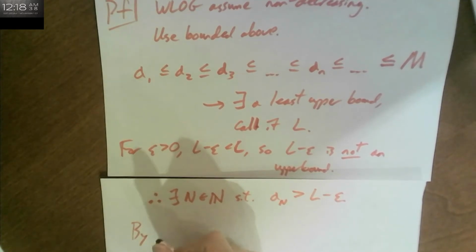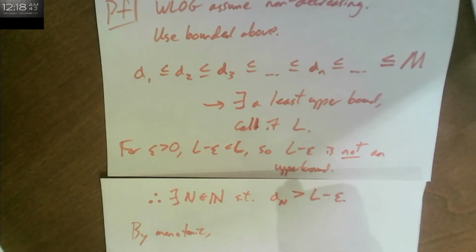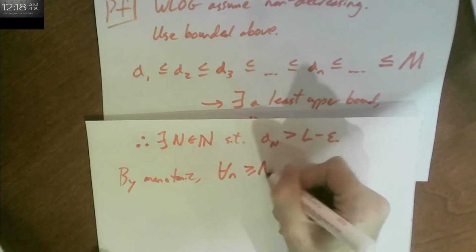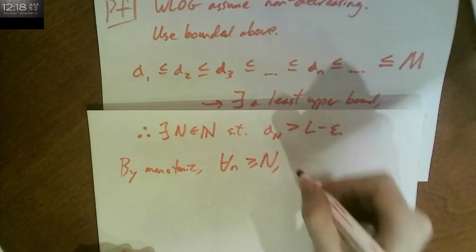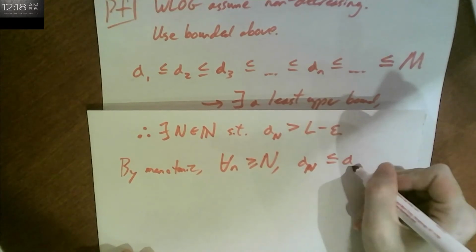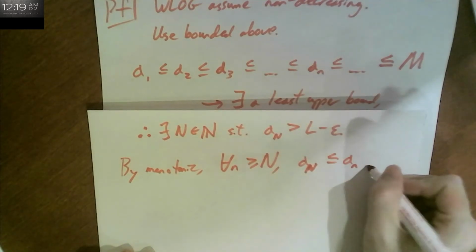By monotonic, for every little n bigger than or equal to that capital N, we know that A sub capital N is less than or equal to A sub little n. So what else can we say?